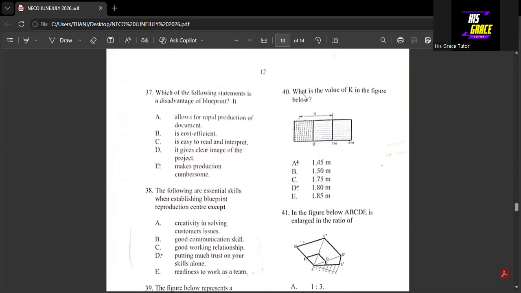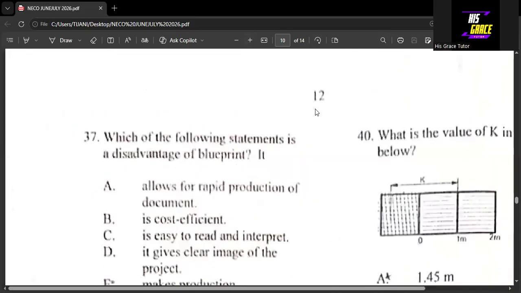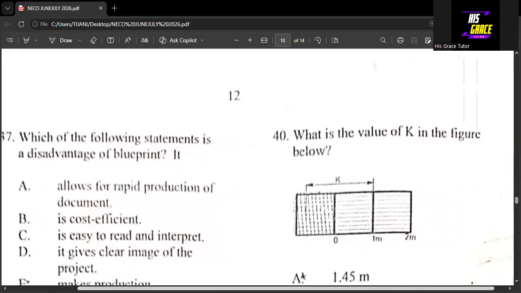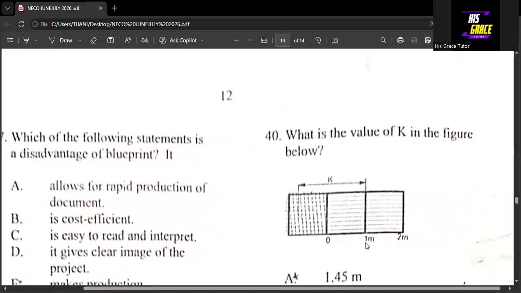Then question 40 says, what is the value of K in the figure below? Let's read it together. Here we have 1, and we count from here: 1.1, 1.2, 1.3, 1.4, 1.5, 1.6, 1.7.